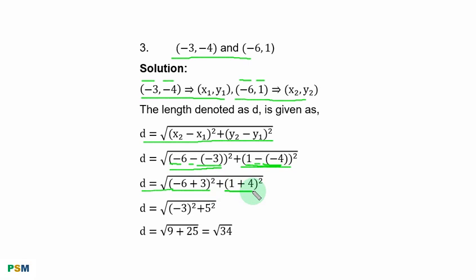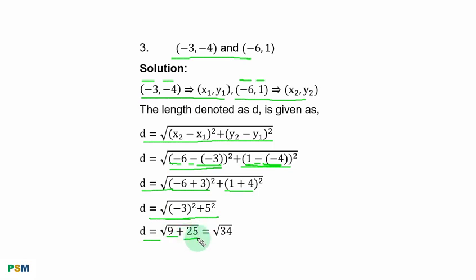You square everything. D is equal to square root minus 6 plus 3 is minus 3. You square it, plus 1 plus 4 is 5. You also square it. D is equal to square root minus 3 square is plus 9, followed by plus 5 square is 25.